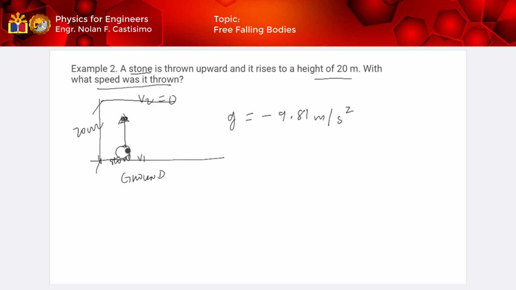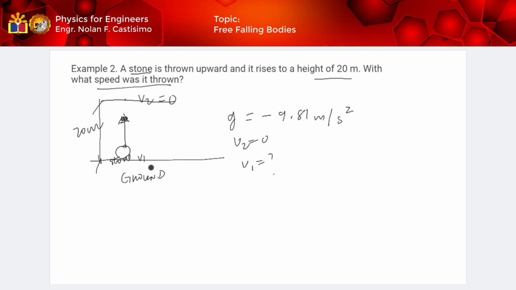Kasi, kapag itong bato, naabot na yung highest point, which is 20 meters, titigil dyan yung velocity. So, automatic, 0 na ang V2 natin kapag andyan na siya sa pinaka-limit niya, yung pinakamataas niyang position. Okay? So, ang V1 natin ngayon, ang hinahanap. Okay, so V2 is equivalent to 0 and V1 ang hinahanap.